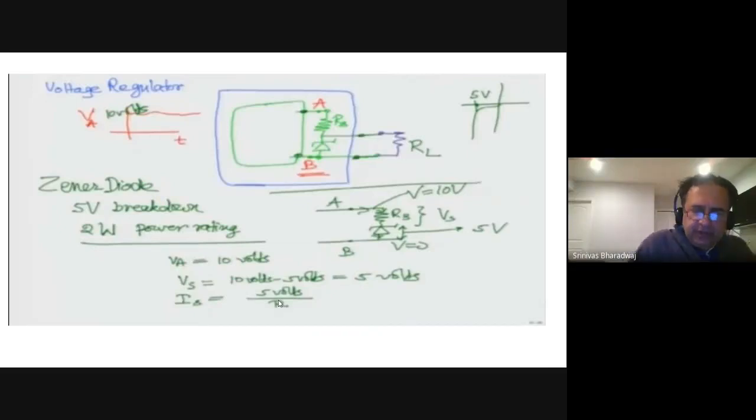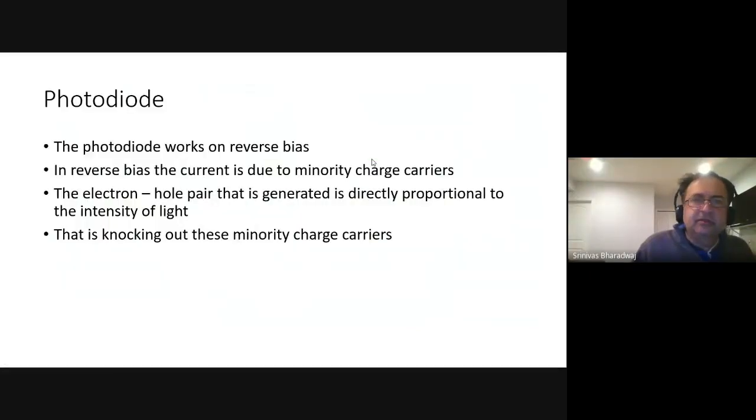Therefore, because this is the current through this, this is completely protected. The voltage across this declines to a very small level, because in the knee of the curve this is almost like a very small resistor. So you have a very small resistor coupled with a very large load. Most of the current flows this way, and the current flowing that way is small. Therefore, there is protection from the surge.